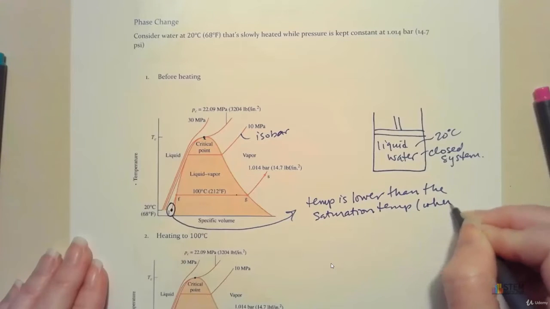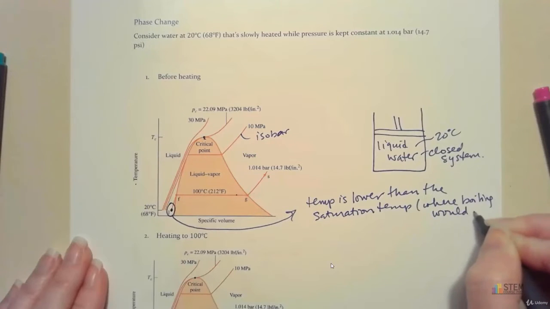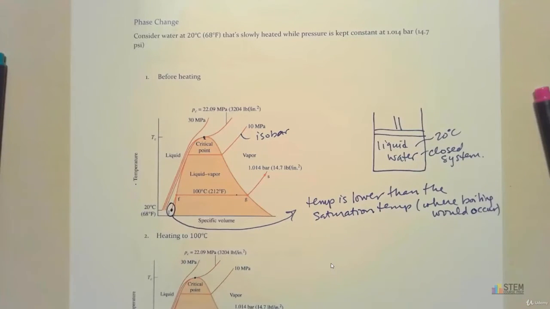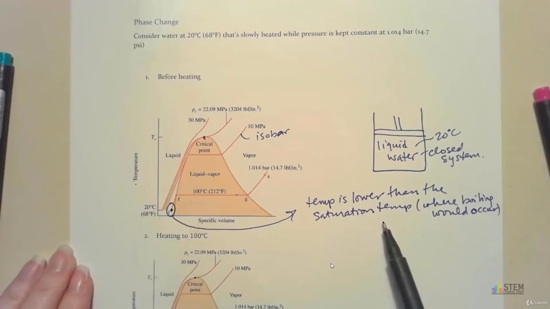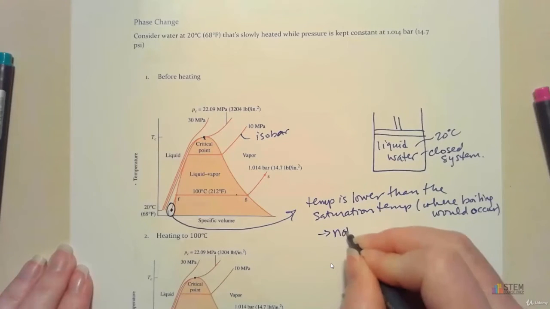So again, remember that's just where boiling would occur. We talked about saturation temperature in the last video. Remember, that's just going to be your temperature where you're going to have a phase change occur. So since our temperature is lower than that saturation temperature, it's not about to vaporize, it's not about to start boiling.